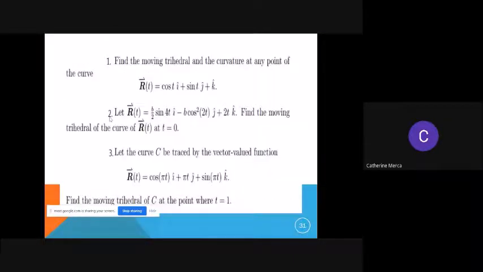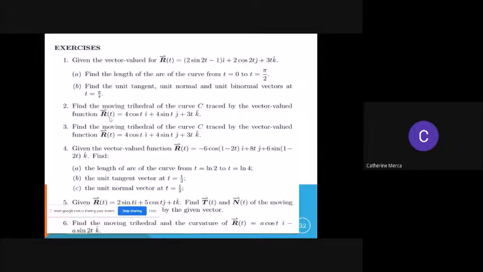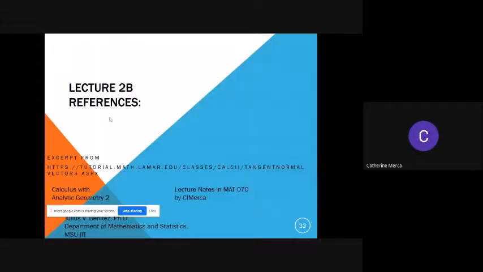Okay. So, ang exercise ninyo, activity ninyo is 1, 2, and 3. Tapos, number length of arc. Okay.